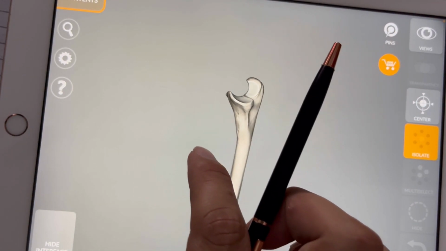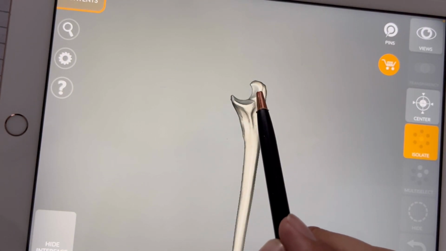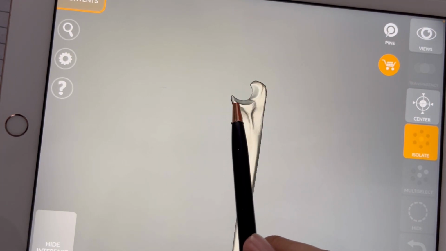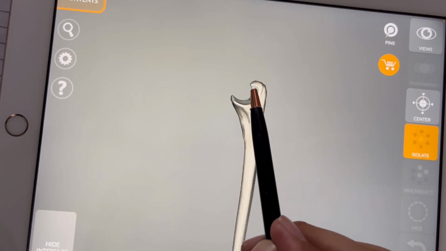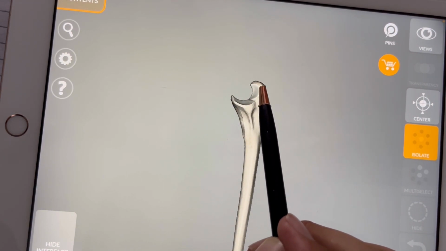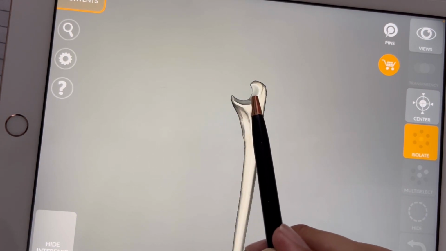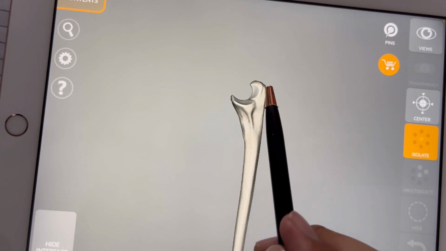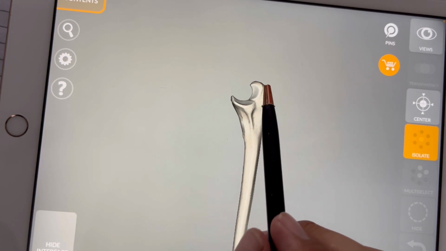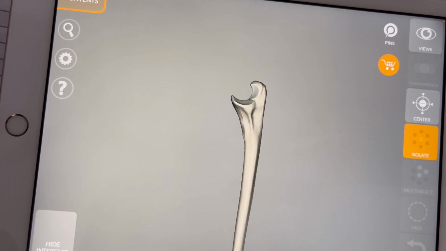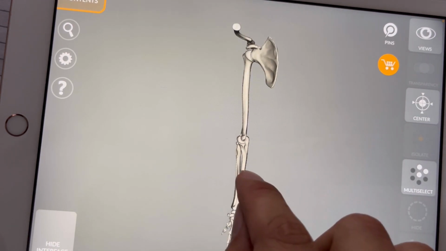By lateral view, this is the olecranon process, and this is the coronoid process, and the notch formed by them is called the trochlear notch. The olecranon process is fixed into the olecranon fossa of the humerus bone, as you can see here.